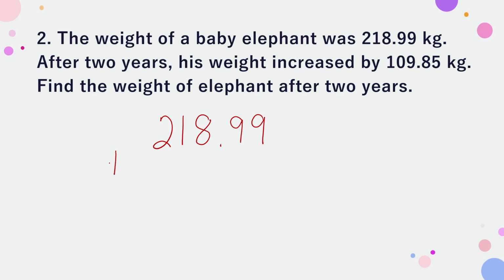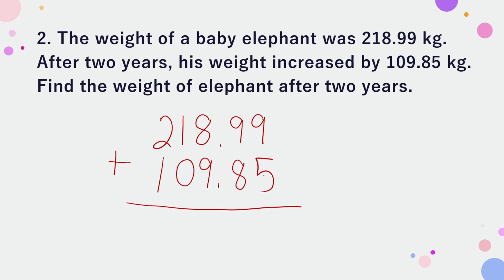So I'll have 218.99 plus 109.85. Okay, let's add now. 9 and 5, how much is this? 14. 14, carry 1, bring down 4. What about 9 plus 8 plus 1? 18, sir. 18, that's right.